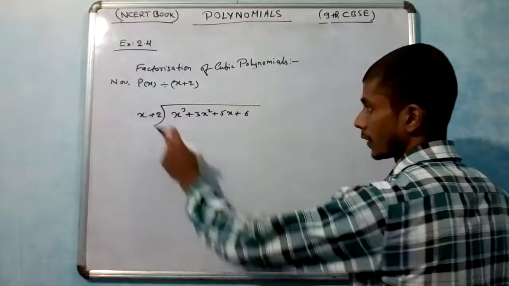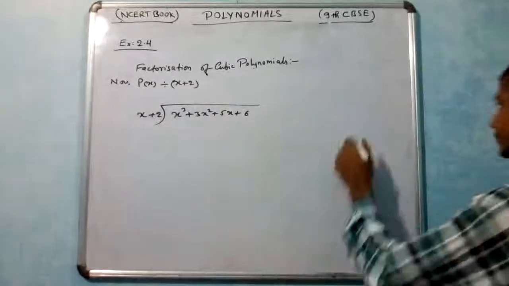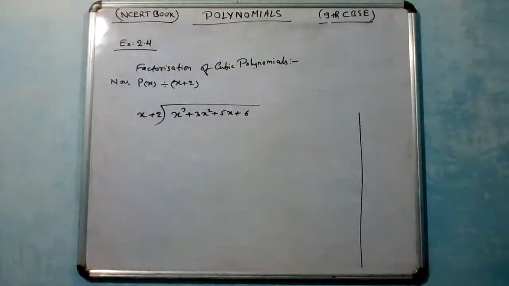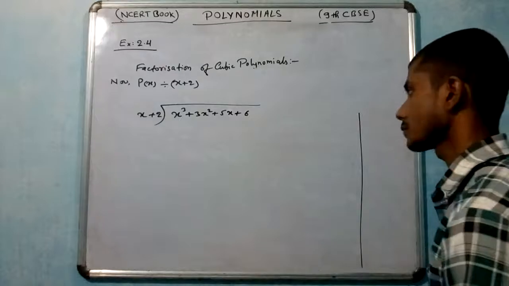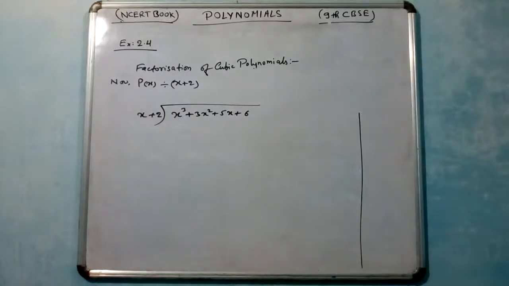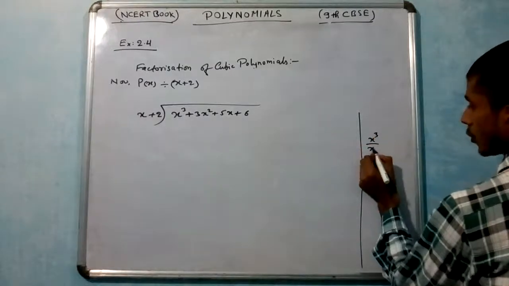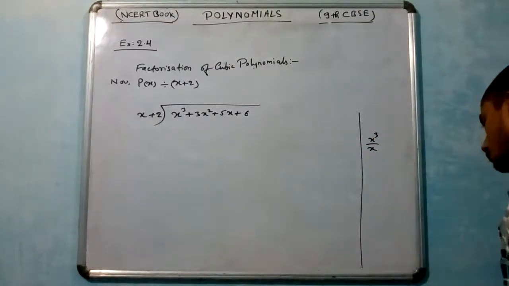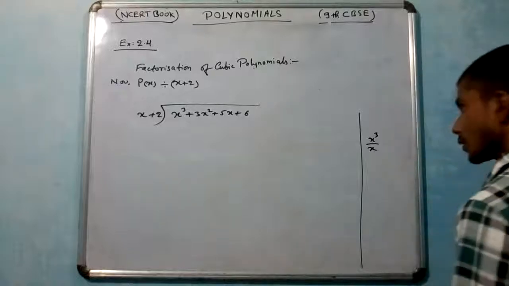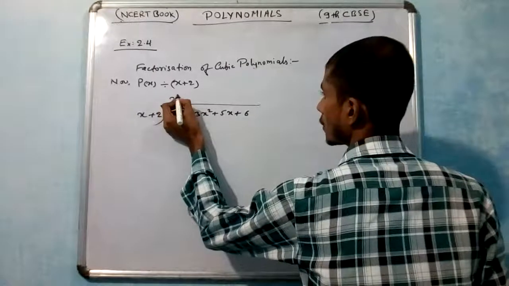Yes, come on, now divide fast. Tell me the values. x cube by x square, or x cube by x? So we get x square.